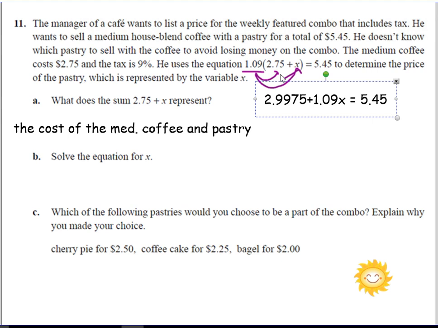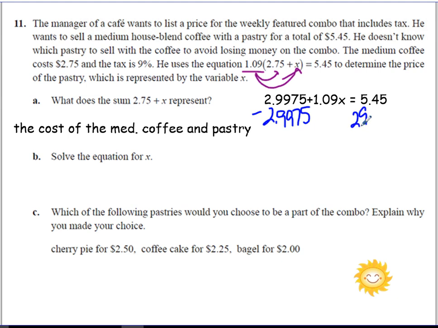So now what we need to do is to get the x by itself. So we're going to undo what's being added, the constant first, since x is already only on the left-hand side. We want to get the 2.9975 off, so we'll subtract 2.9975. Notice I'm not rounding because I don't want to screw up my answer.